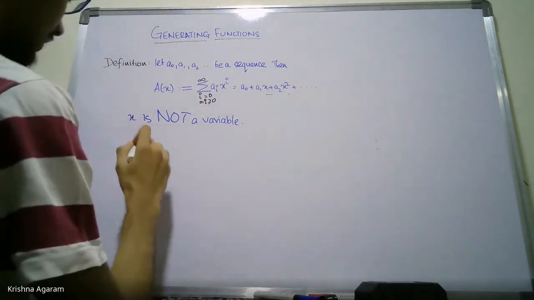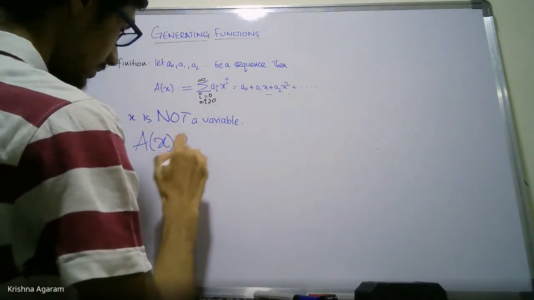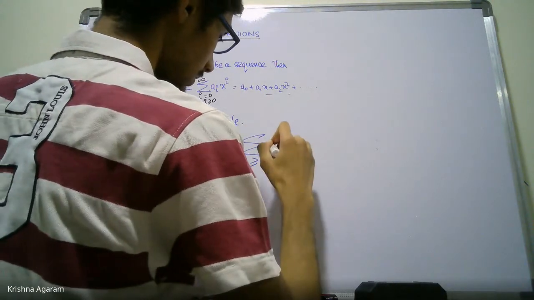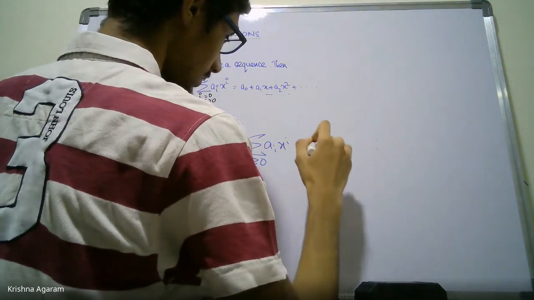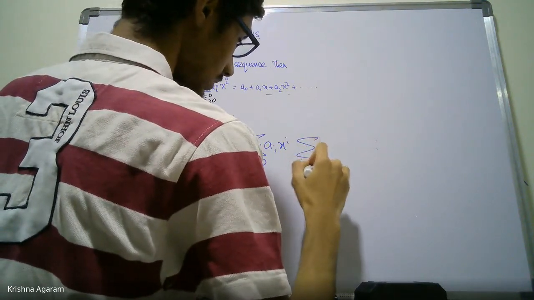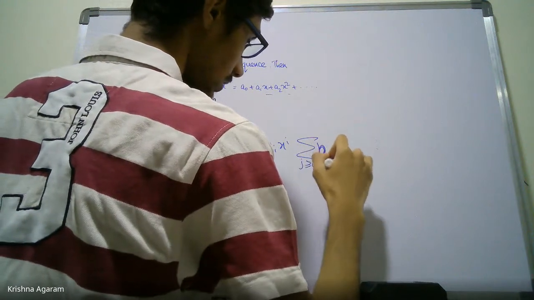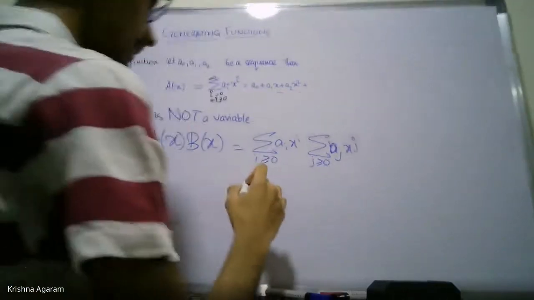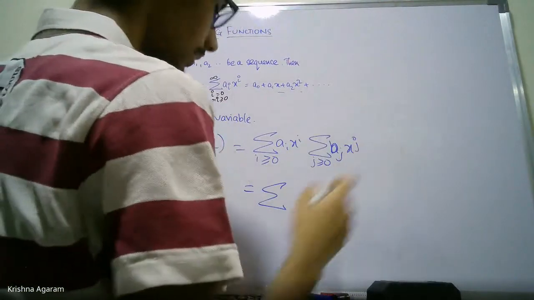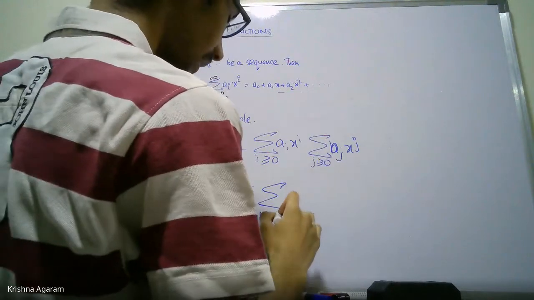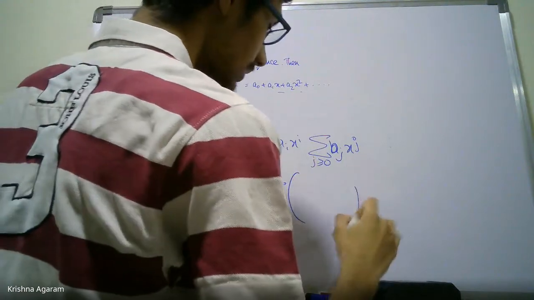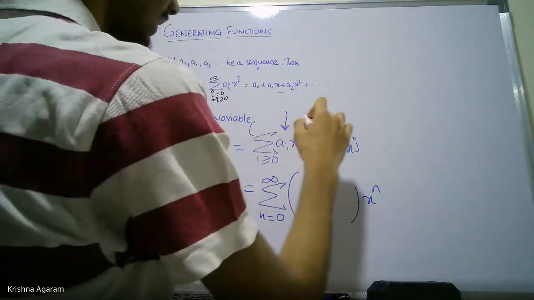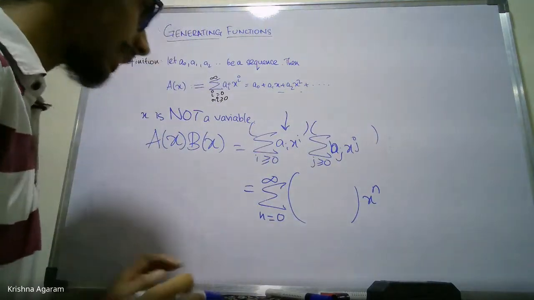And then multiplication, a of x times b of x is, so if you want the coefficient of x to the n, first of all it's going to have all the coefficients, meaning all powers of x, so n equals 0 to infinity. Now what's the coefficient of x to the n? You could take x to the 0 from here. These are just like big brackets. Polynomial rules apply.